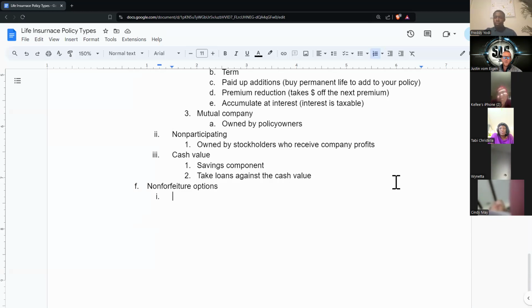So there are some non-forfeiture options, meaning if you stop paying your premiums, these allow the policyholders to receive something of value from the policy. Non-forfeiture means it can't be forfeited, like there's something there that can't be forfeited. So they can take cash surrender value, which is the cash value minus any policy loans, right?